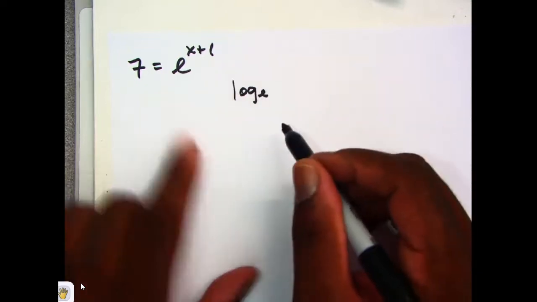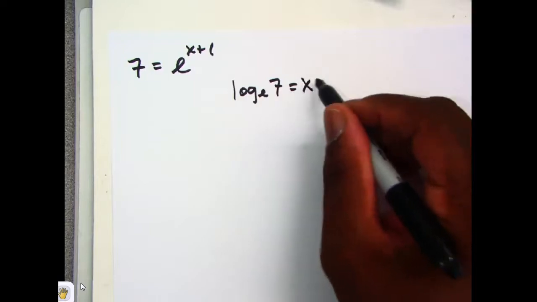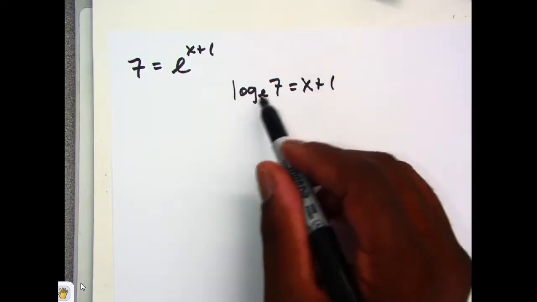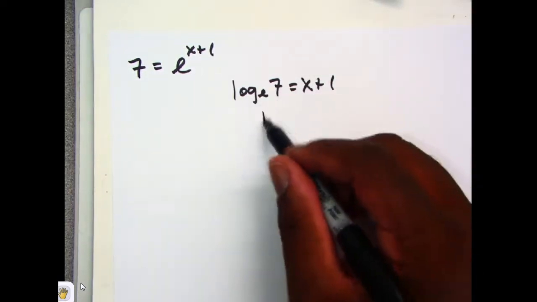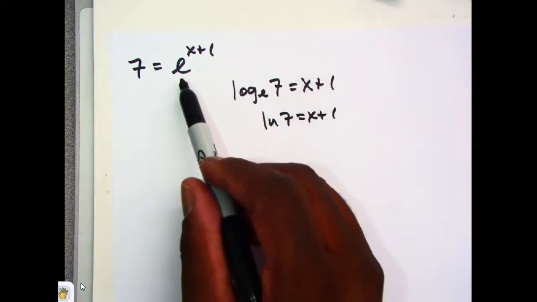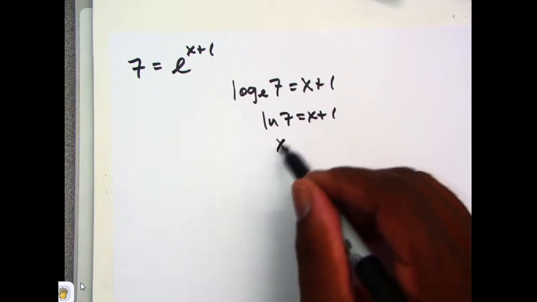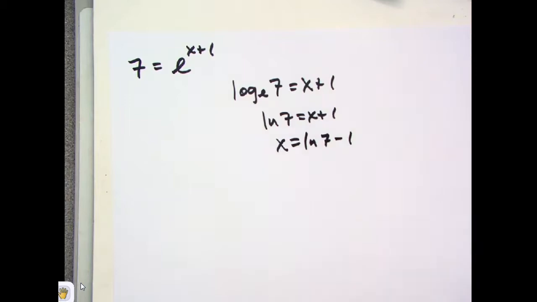Log base e of 7 is equal to x plus 1. Well, log base e of 7 is just natural log of 7. So all I did was rewrite my exponent as a log. Subtract 1 from both sides, x is ln 7 minus 1, which is what we got doing the composition.